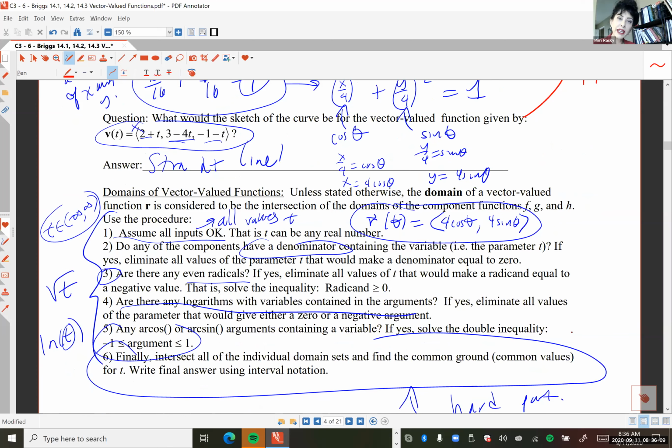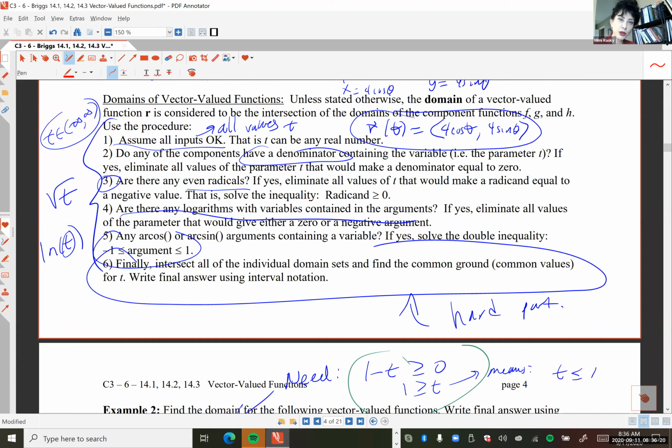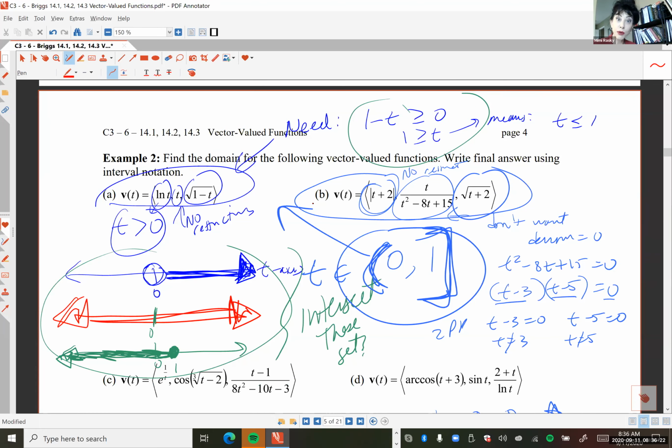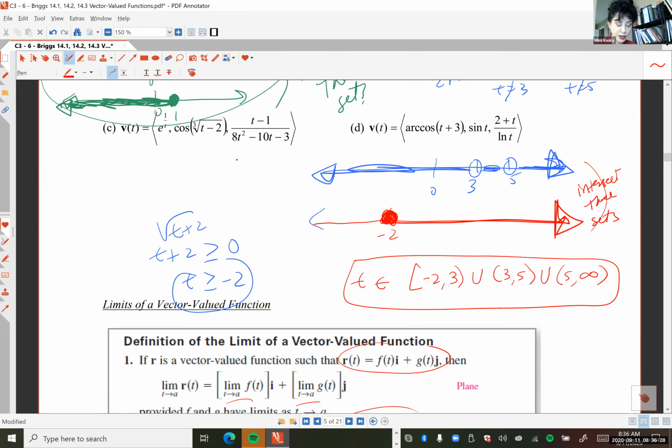Then we looked at domains of vector valued functions, which is what's OK to feed your vector valued function. You figure out the domain separately for each component, and then you intersect the sets to get the ultimate domain.